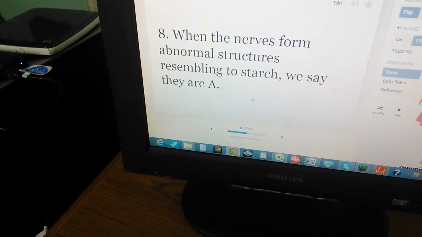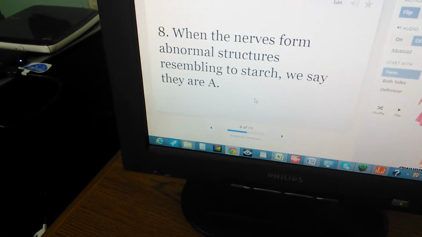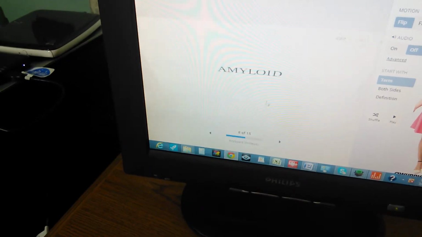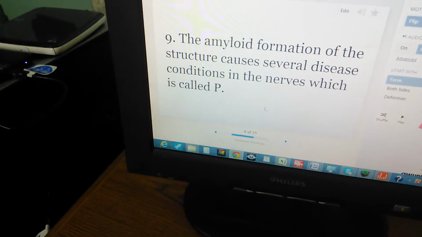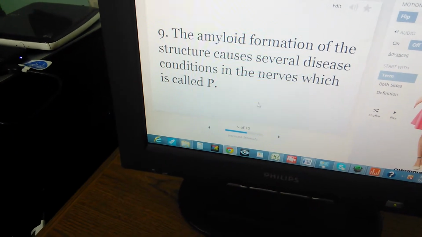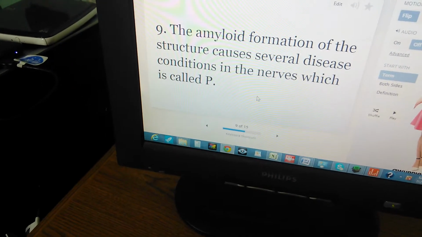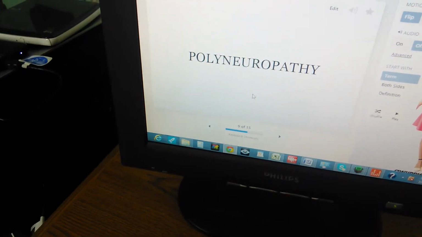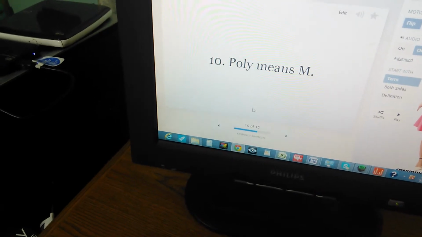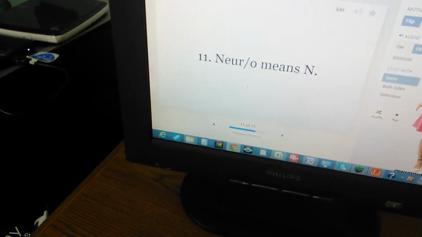8. When the nerves form abnormal structures resembling starch, we say they are A. Amyloid. Yes. 9. The amyloid formation of the structure causes several disease conditions in the nerves, which is called P. Polyneuropathy. 10. Poly means M. Many. 11.